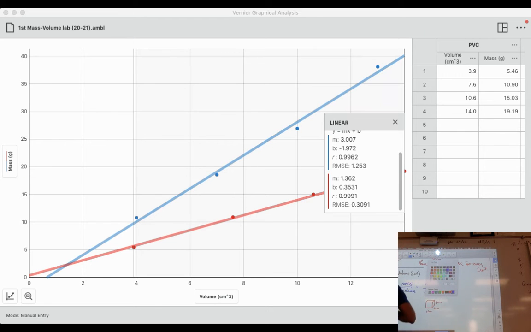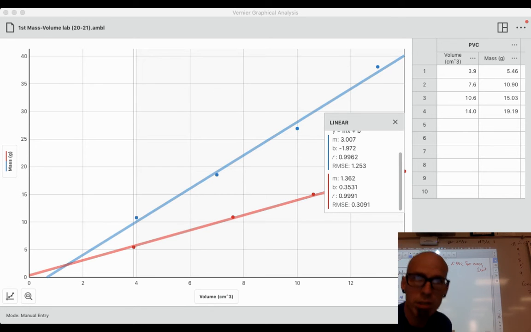And then I have another one that's 1 centimeter by 1 centimeter by 1 centimeter. And so I have aluminum here, and I have PVC here.